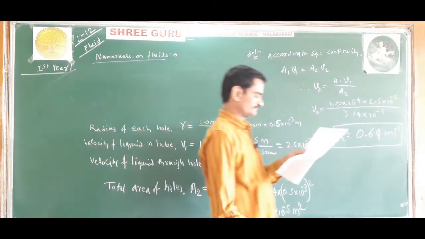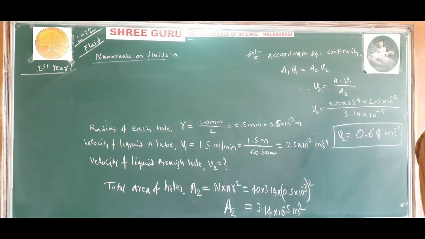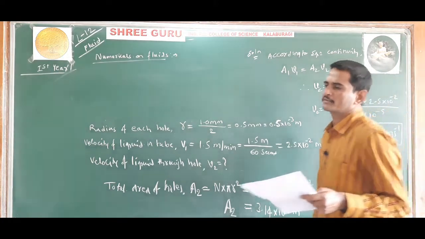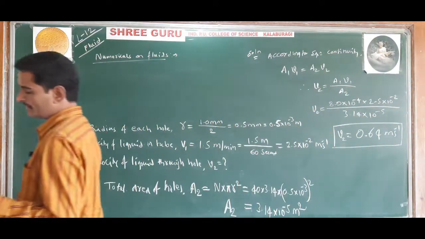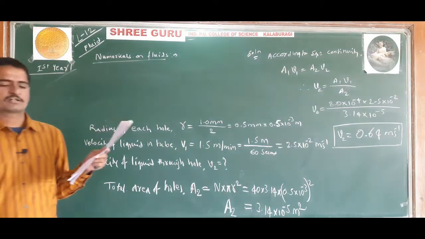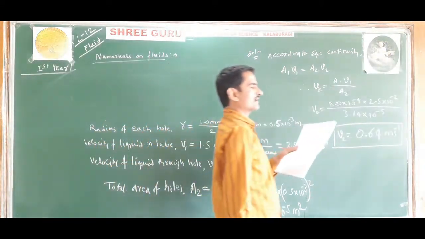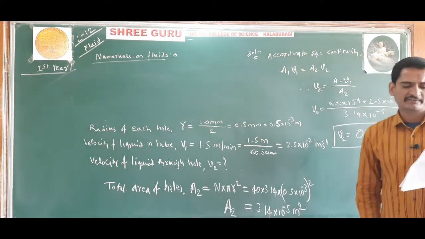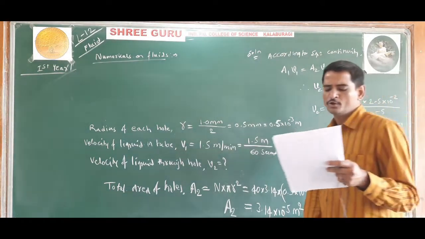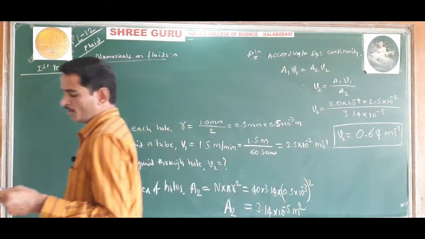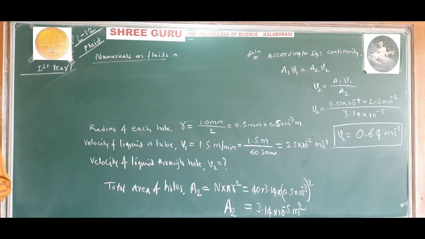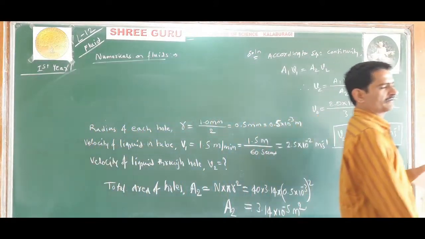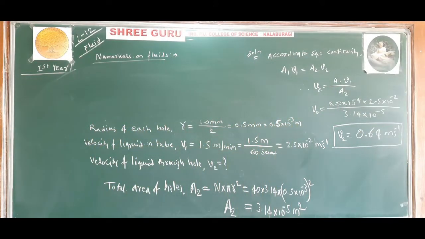What is the lift on the wing? What is the dynamic lift on the wing, if its area is 2.5 meter square?